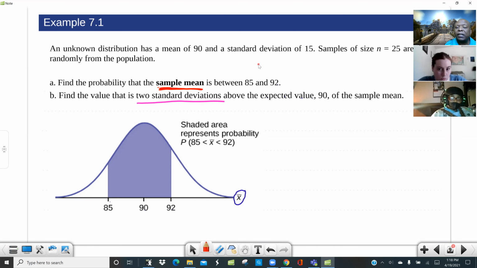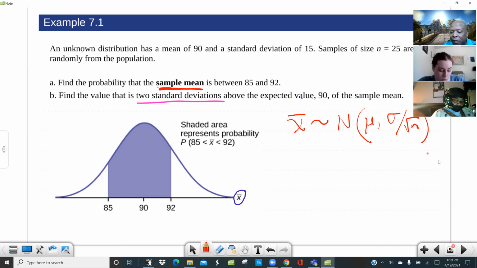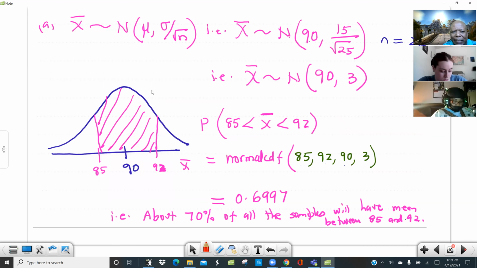However, because we are taking samples of that size, we know that these guys follow a normal distribution. With this kind of information, that suffices for us to find what is happening. So this is what we know: X bar follows a normal distribution with mean mu, standard deviation sigma over root n.